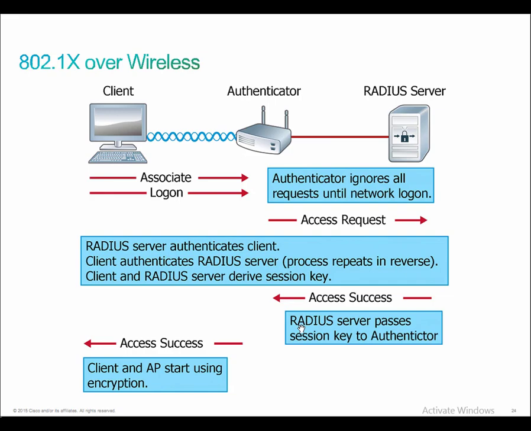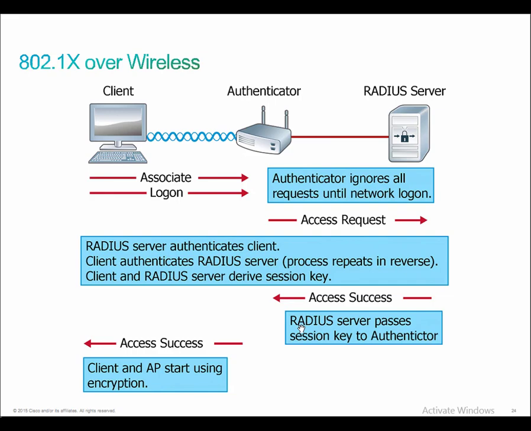So we start the process, or the authenticator can take the initiative by asking for the credentials directly. Usually the client will initiate the process. So the authenticator receives authentication credentials from the supplicant. We encapsulate that into 802.1x traffic. That then gets sent back to the authentication server.